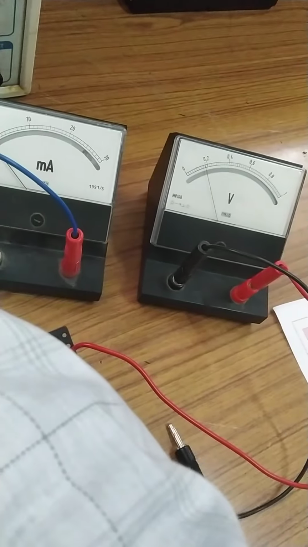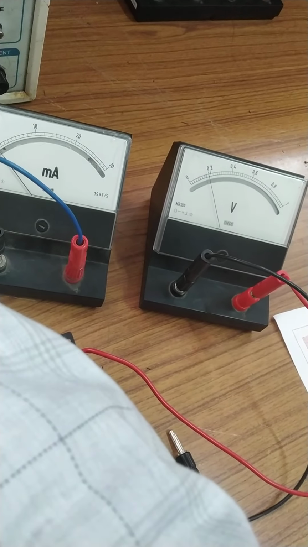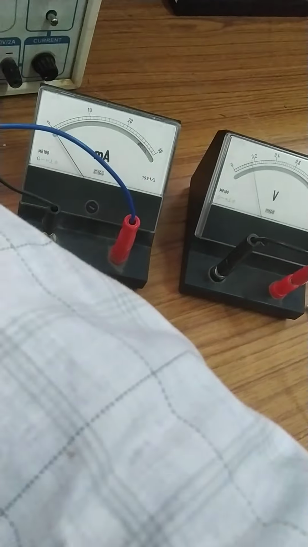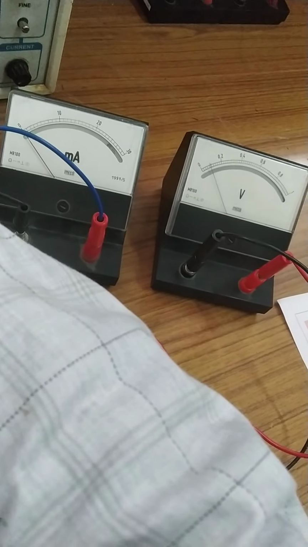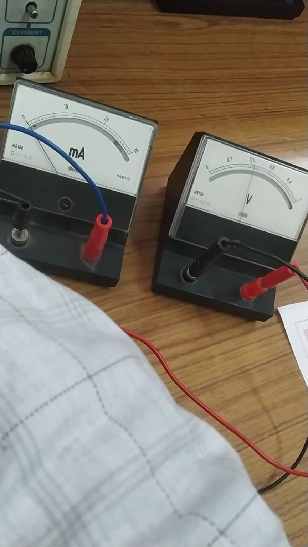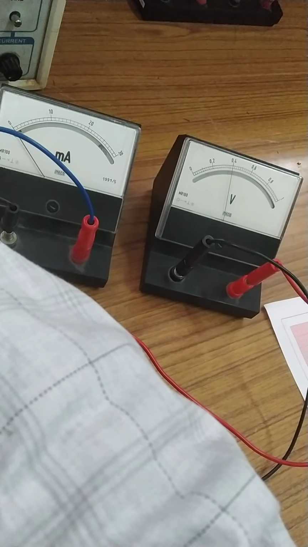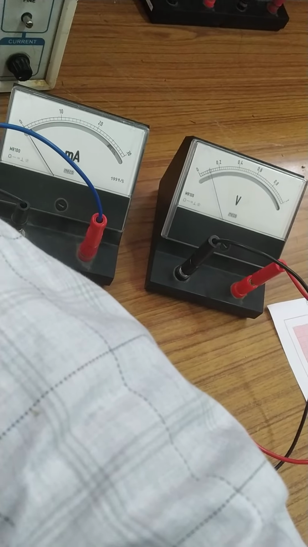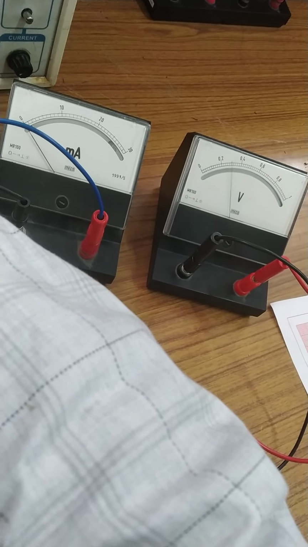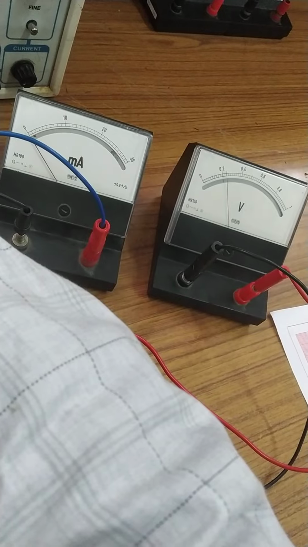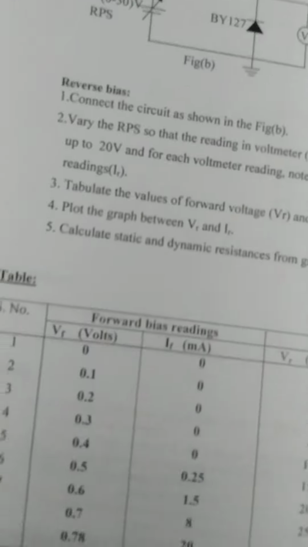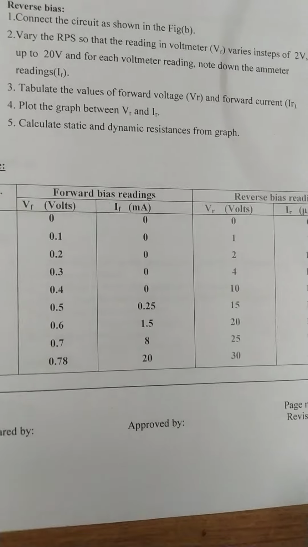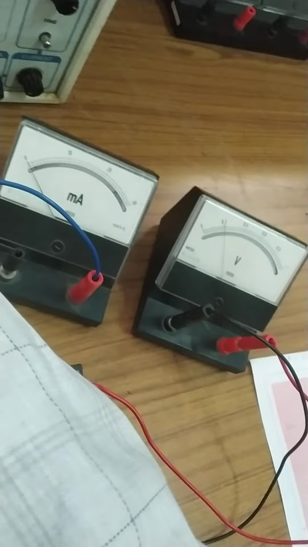Next reading, 0.2, by rotating the RPS. For 0.2, the current is also 0. Like that you have to take 0.3 volts and 0.4 volts, for which it is 0. So up to 0.4 we will get 0.